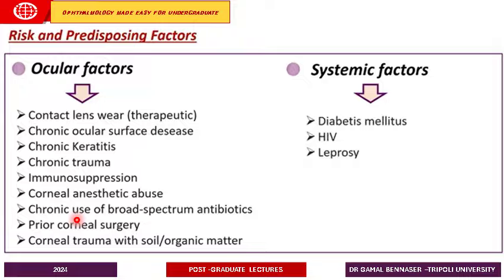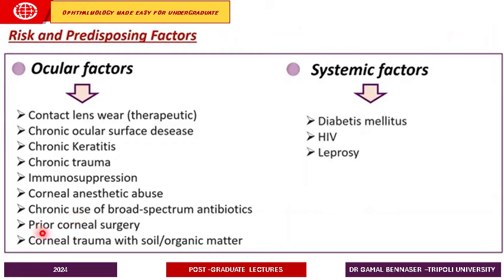So when you have chronic use of antibiotics, you get rid of the antifungal effect of the commensal organisms. This has been found in those people who are on prolonged antibiotics for a long time, especially people with an ocular prosthesis. In these patients, they need to use the antibiotic lifelong, so they are at risk of fungal infections.